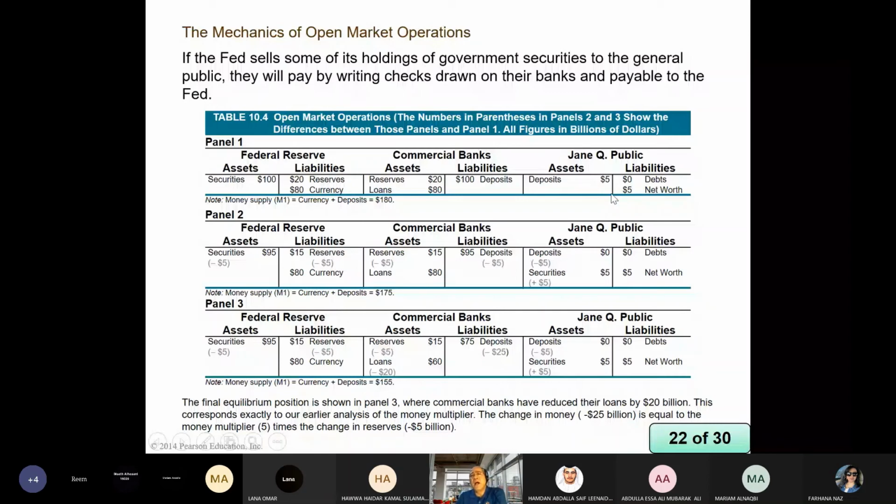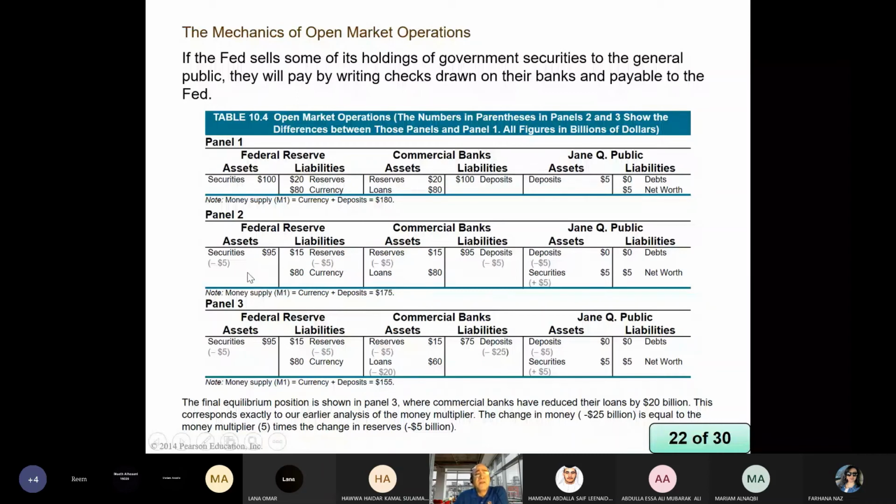Okay, so Farhane put deposits of 5 dirhams in commercial banks. So she owns 5 dirhams. She has no debts at the moment. Her net worth is 5. So this is the balance sheet of Madame Farhane.